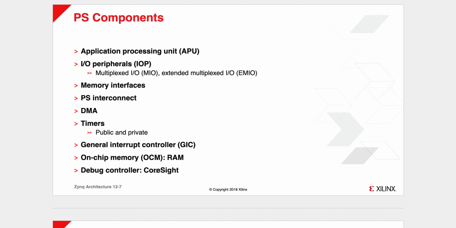We have memory interfaces, processing system interconnect, DMA, and timers, which may be public or private. We have the general interrupt controller, on-chip memory, which is RAM, and a debug controller, which is known as CoreSight.